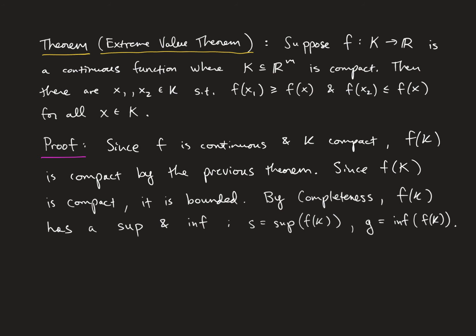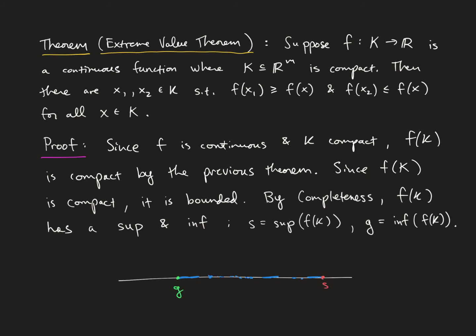So if you're picturing this, f of K might look like a potentially random looking set of points, but we are going to have the sup S and the inf G. These are clearly your maximum and minimum.